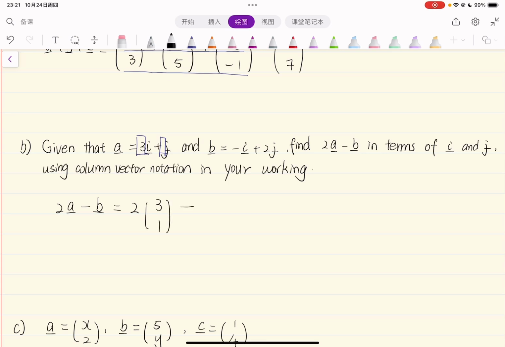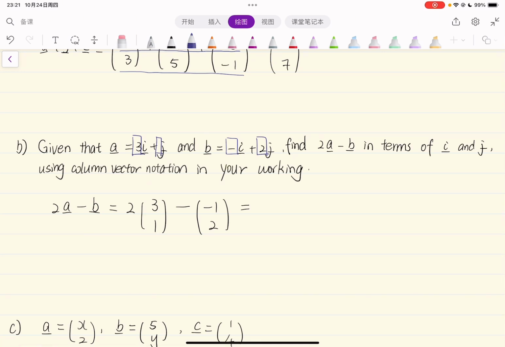The x component of b is -1, the y component of b is 2. We have (-1, 2). Now we need to multiply the column vector by 2.